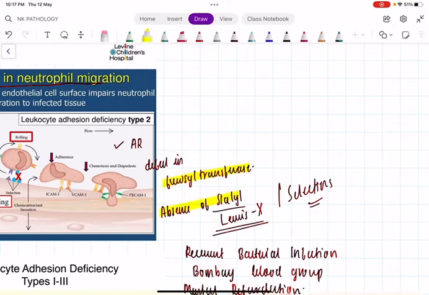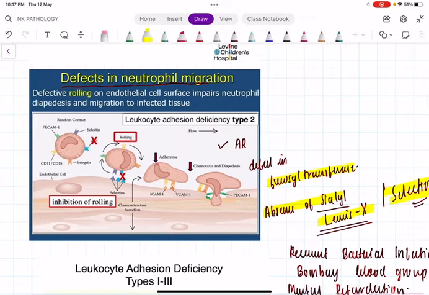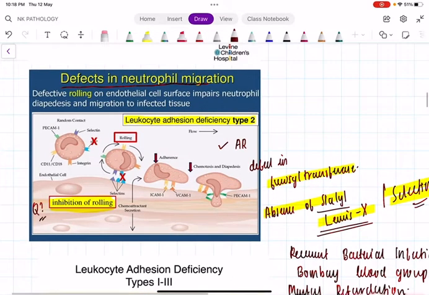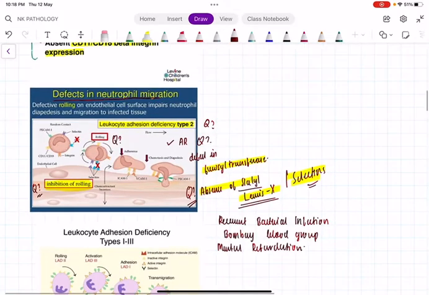These are all molecule names; fucosyl transferase, sialyl Lewis X, selectin defects all cause leukocyte adhesion deficiency type 2. When selectins are inhibited, there will be inhibition of rolling. All these are MCQs. Autosomal recessive inheritance is an MCQ, and absence of sialyl Lewis X is again an MCQ.